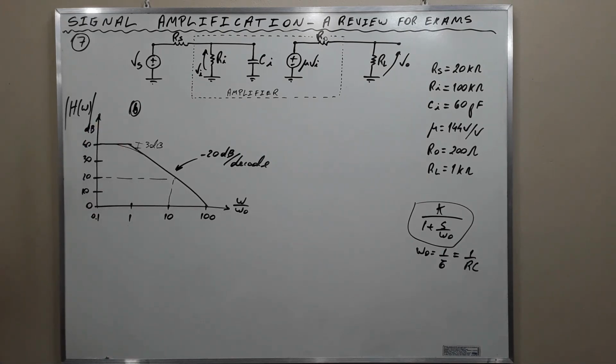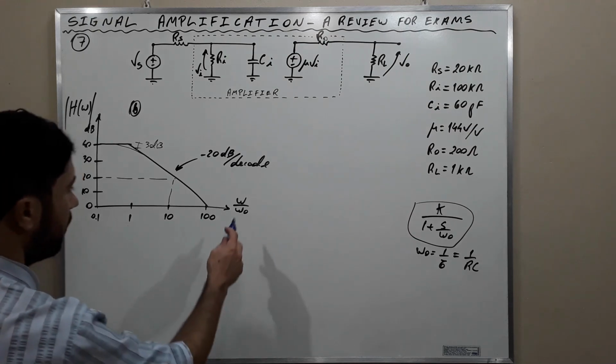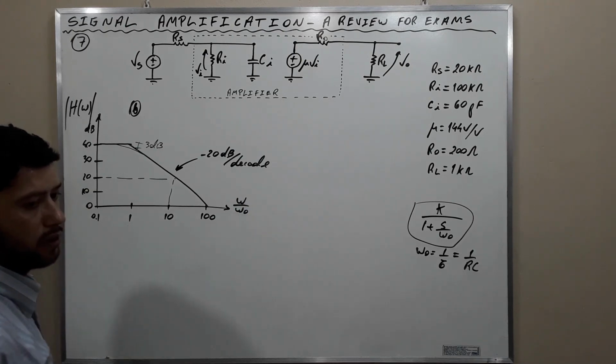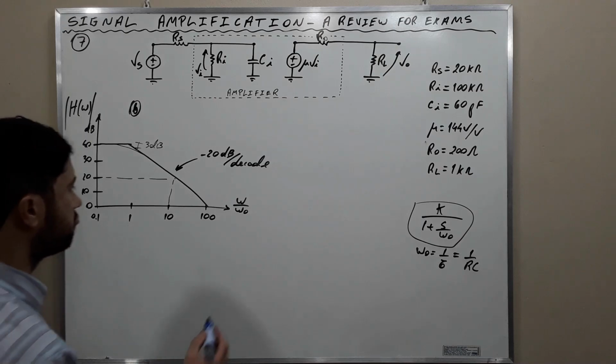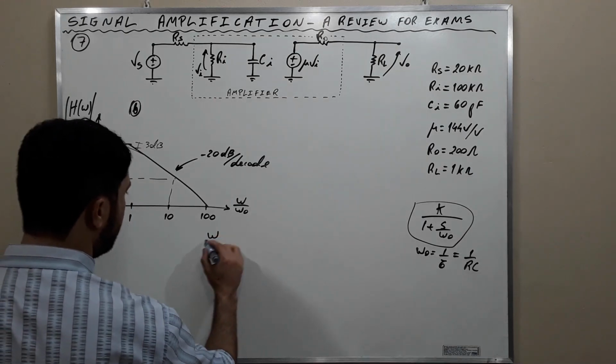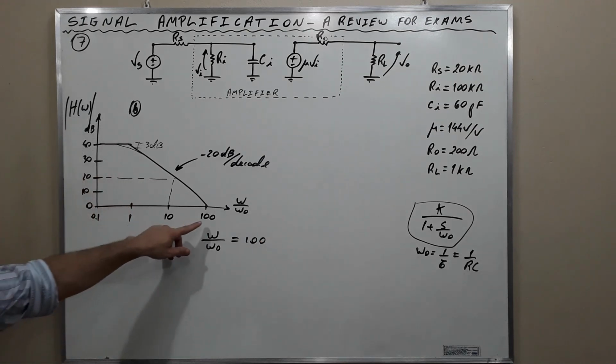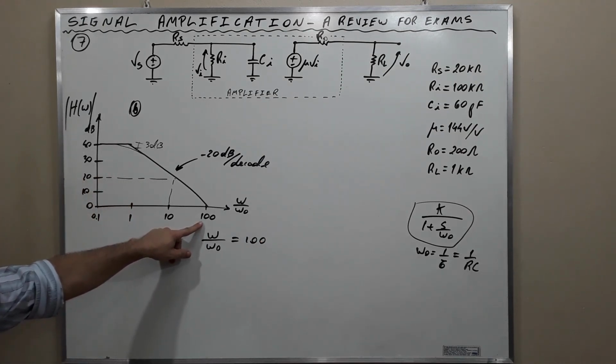The unit gain frequency is the frequency for which the gain is 0 decibels, which in this case is where W over W0, the ratio of the actual frequency to the corner frequency, equals 100. This is the frequency 100 here, where the magnitude falls to 0 decibels.